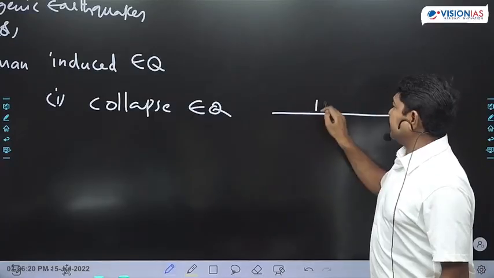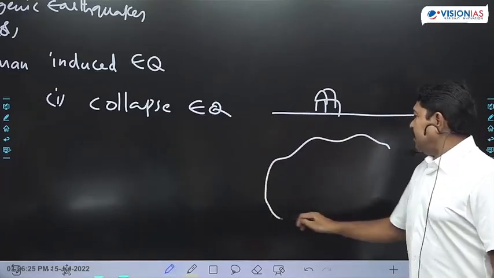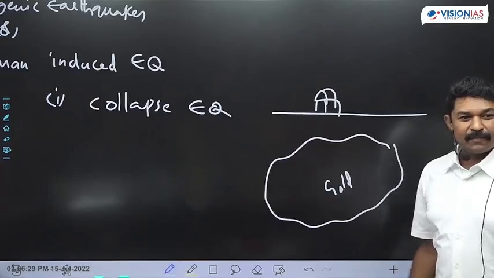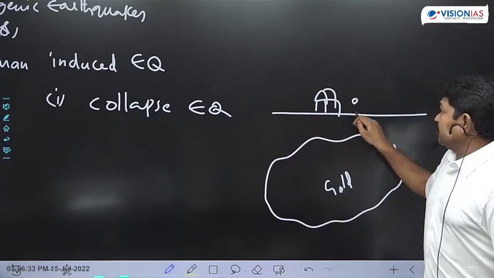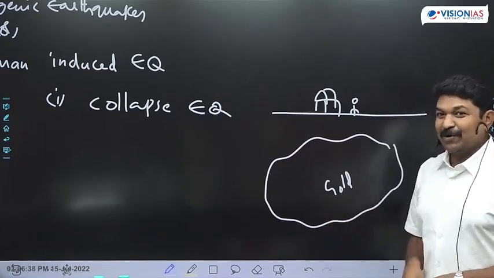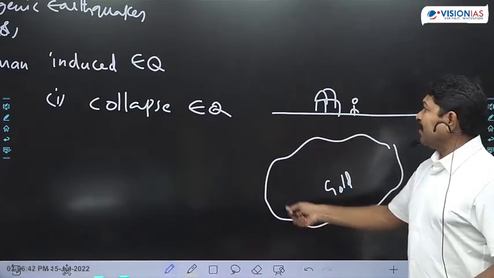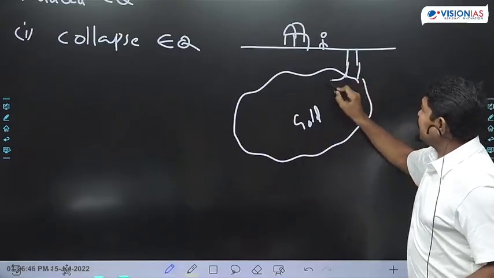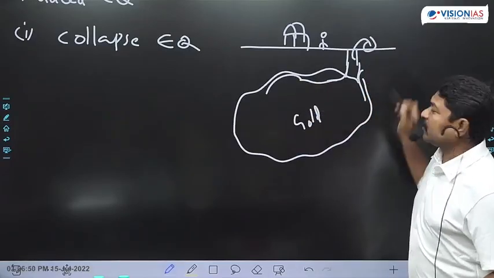This is a surface where the man is there, right? Might be in this area, a huge quantity of gold was there. Do you think this fellow will sit calm, knowing that under this, gold is there? What does he want to do? He wants to bring it back, so that fellow will be drilling. Once he comes to this area, he'll be taking all the gold and throwing it out.